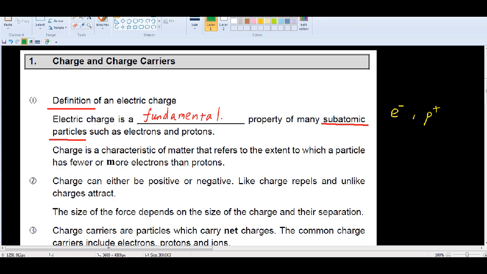And a proton, you would describe it as +1 unit in charge, and its mass is about the mass of a hydrogen atom, etc. So when we describe things, we use some fundamental properties, and electric charge is just one of them.